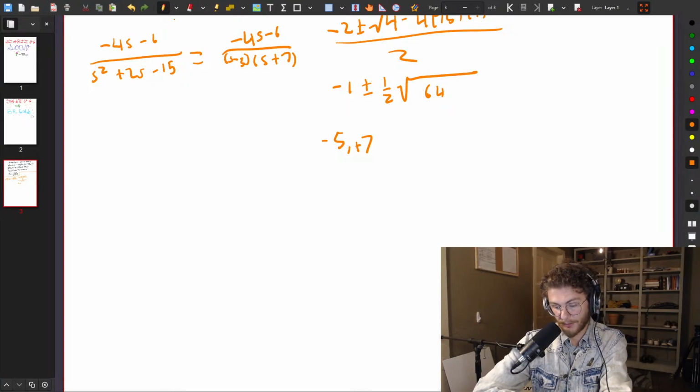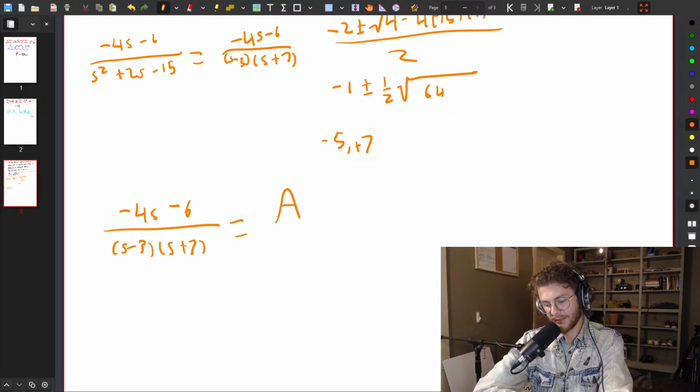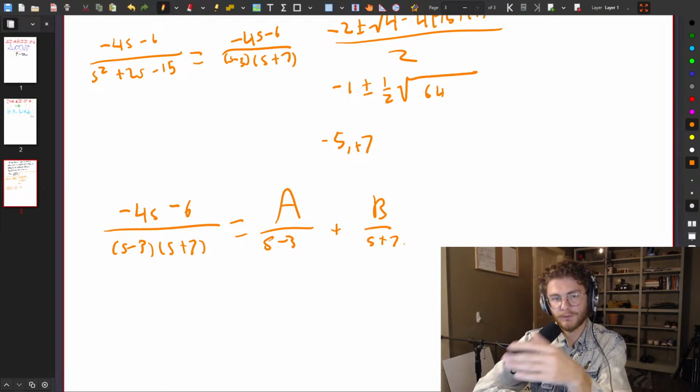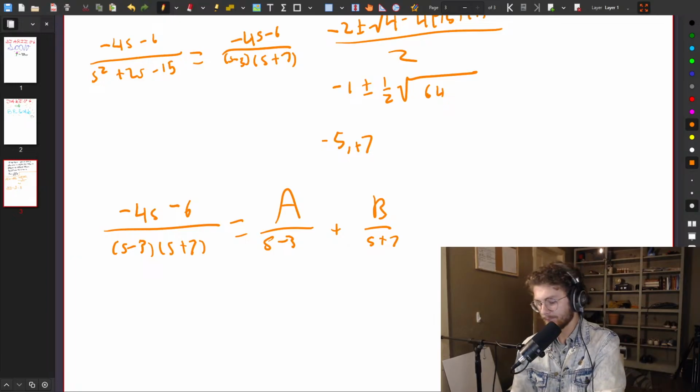Now that we have our simplified situation, we can now say that negative 4s minus 6 over s minus 3, s plus 7, well, that's going to be equal to a over s minus 3 plus b over s plus 7. Why? Because this is partial fraction decomposition. That's what it is. And then we can do a fun part.